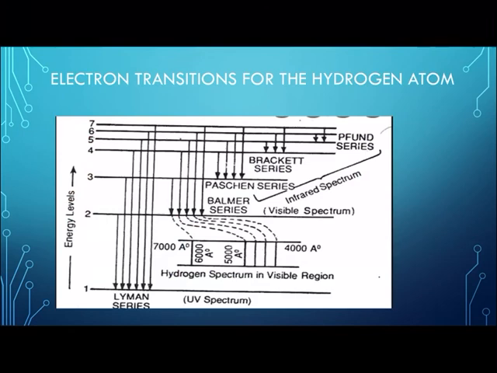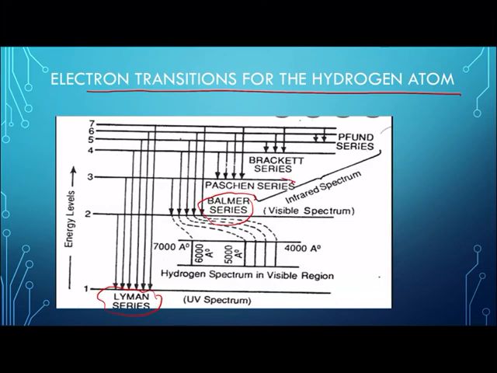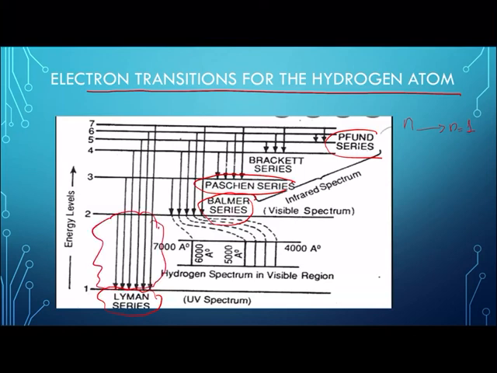These are series: Lyman series, Balmer series, Paschen series and Pfund series, obtained from the electron transitions of the hydrogen atom. When the electron goes from any energy level down to energy level 1, we see the Lyman series. This is the ultraviolet spectrum.